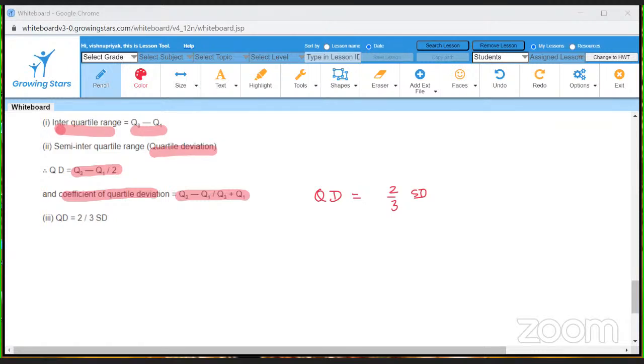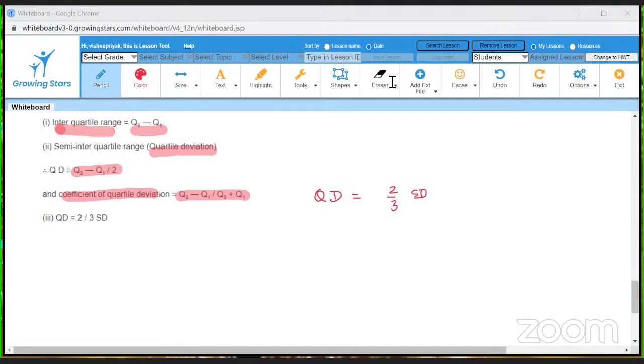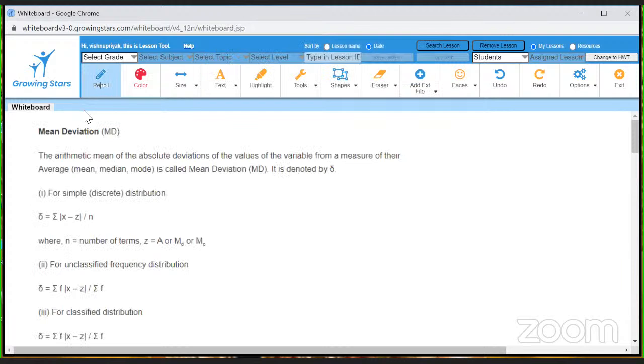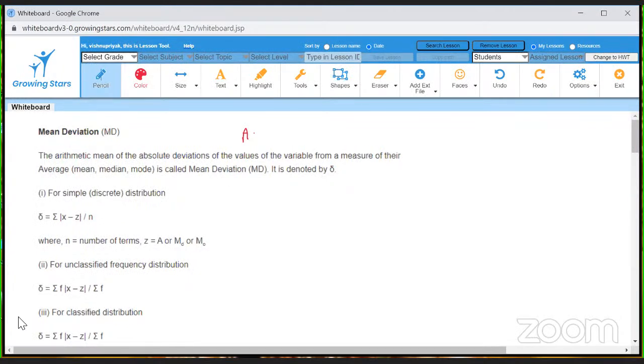The next is mean deviation. When you are finding arithmetic mean, that is a center point for you.